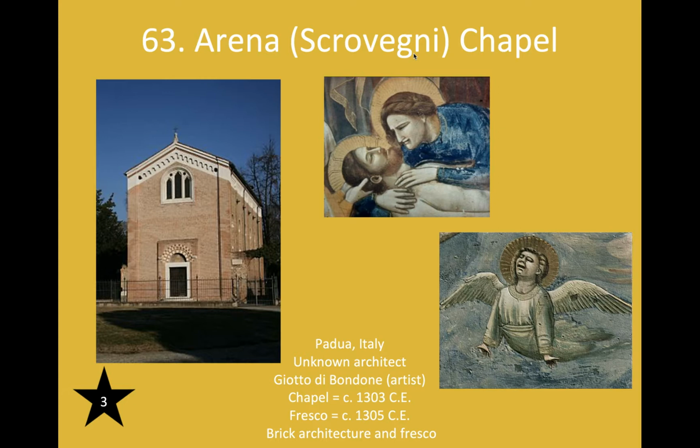And then there was this very famous writer, Dante, who wrote a book called The Divine Comedy. And one of the chapters of The Divine Comedy is the Inferno. And when Dante wrote the Inferno, he writes about Enrico Scrovegni being in hell because he practiced usury and he was a bad guy. Well, when Enrico Scrovegni read Dante's Inferno, and all of his friends read Dante's Inferno, and it talked about him being in hell, Enrico Scrovegni went, "Oh, I'm in a lot of trouble.